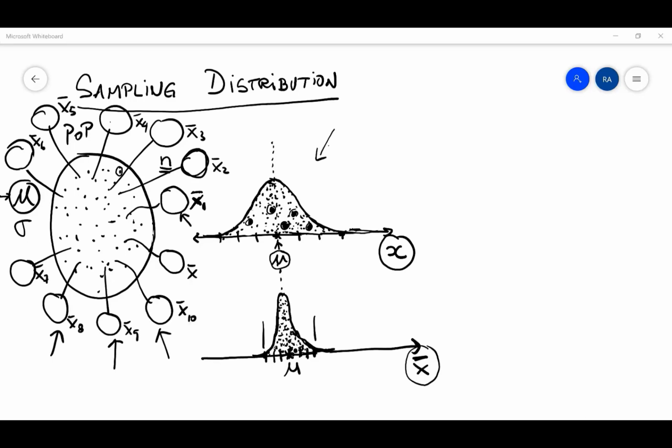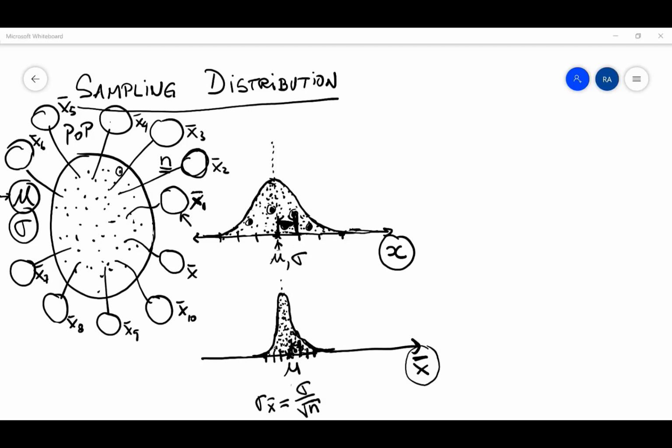In this simulation, we are going to observe that the standard deviation of this distribution will be smaller than the standard deviation of this other distribution. If the standard deviation for individual values is sigma, the standard deviation for all of these values will be smaller. How much smaller? It depends on my sample size. That will be the standard deviation of all sample means.